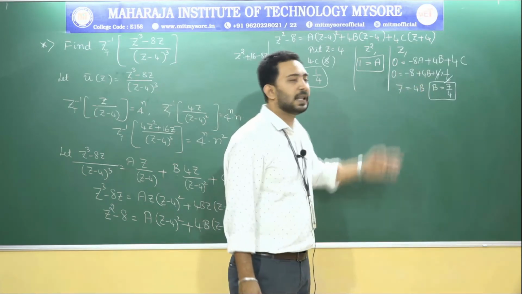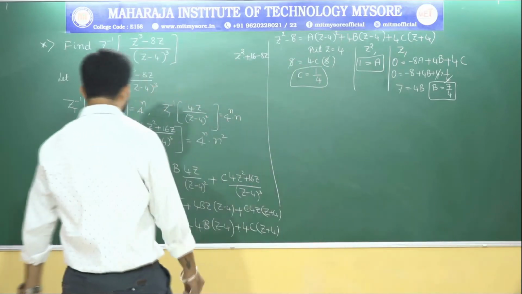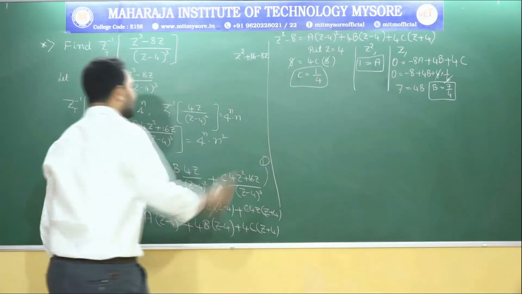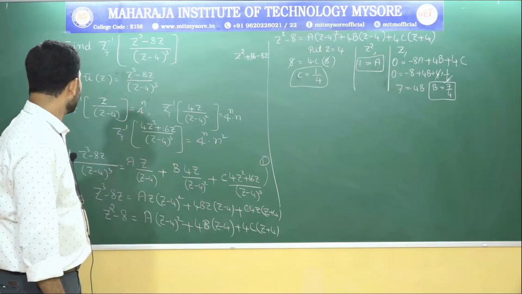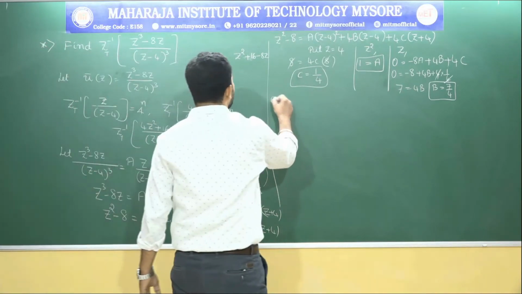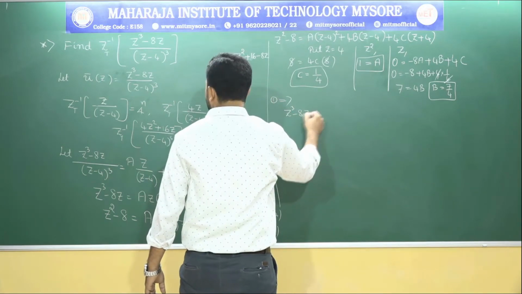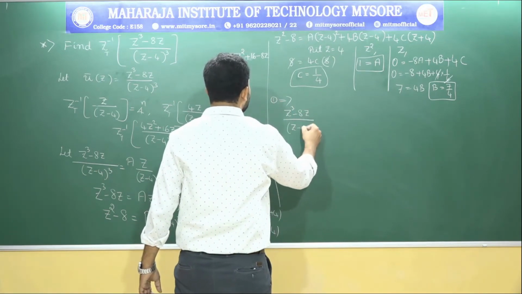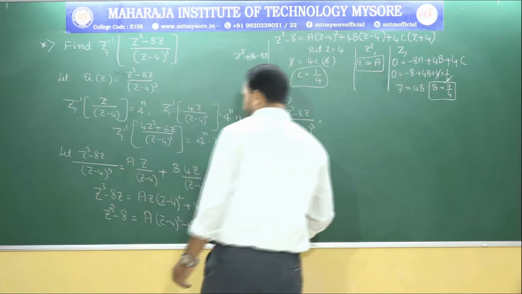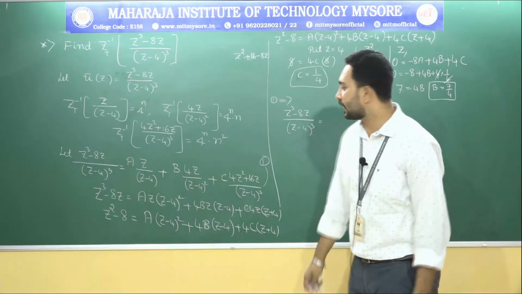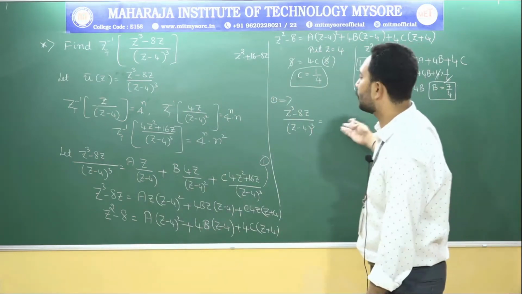So substitute these a, b, c values here. Let us take this as equation 1. Substitute those values into equation 1. So equation 1 becomes (z cube minus 8z) divided by (z minus 4) whole cube equals a into z divided by (z minus 4). What is a? It is 1 only.